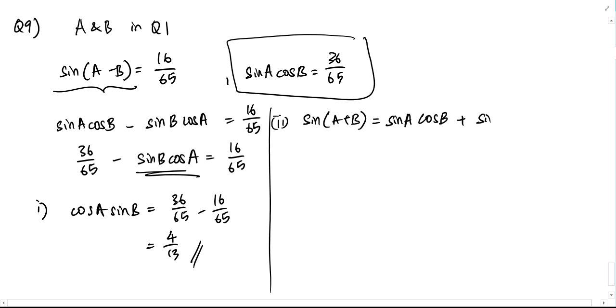So we have sine B cosine A. Now sine A cosine B was given to be 36 over 65. Sine B cosine A we found in part 1 to be 4 over 13. So it's added to give us 56 over 65.